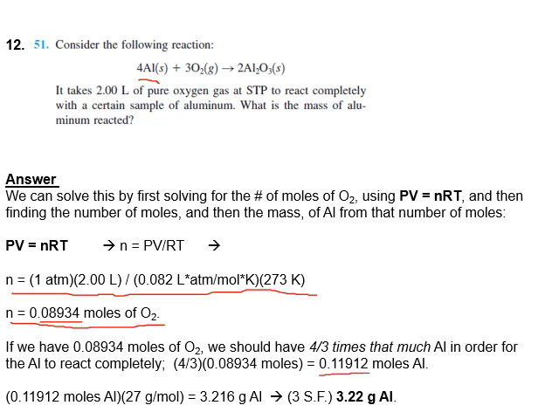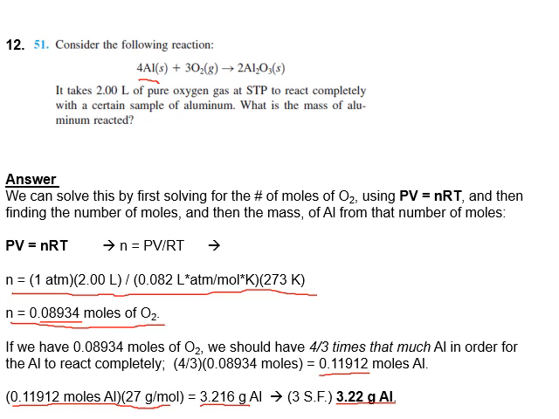Then we multiply that by the gram atomic mass for aluminum, which is 27. So 0.11912 moles times 27 gives about 3.2 grams of aluminum, which I've rounded over here on the right to 3.22 grams of aluminum.